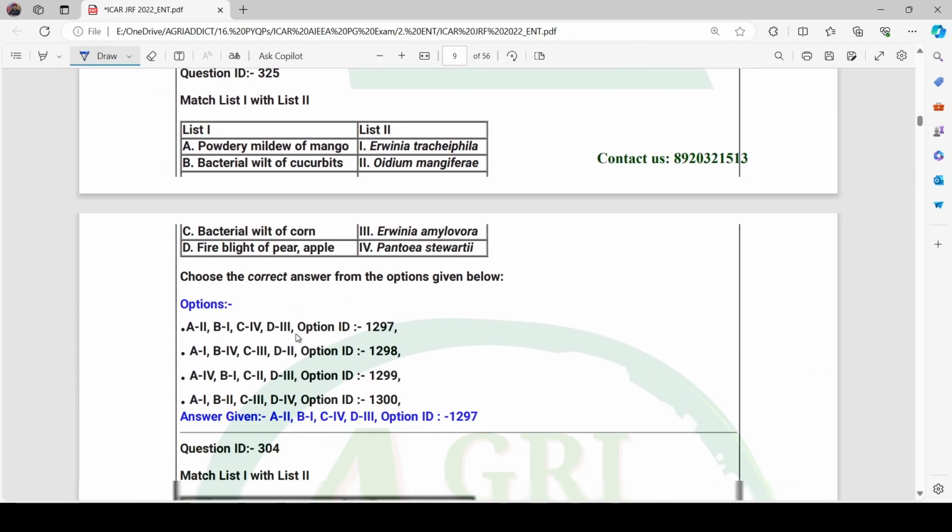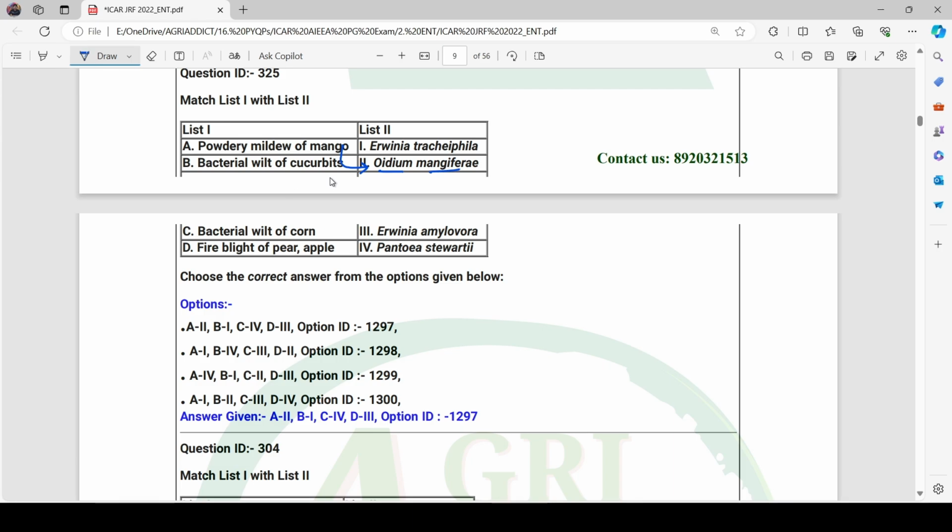Next, match the following. It is of several pathogenic disease and their pathogens. So first there is powdery mildew of mango, bacterial wilt of cucurbits, bacterial wilt of corn, and fire blight of pear, apple, etc. So powdery mildew of mango, it is caused by Oidium mangiferae.